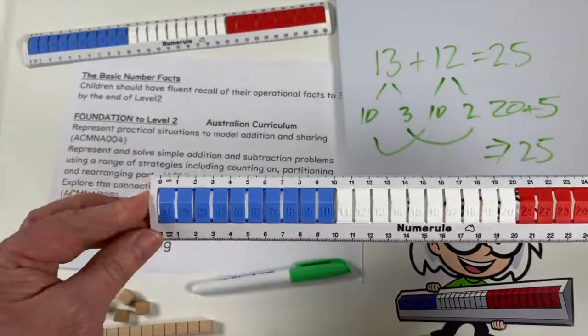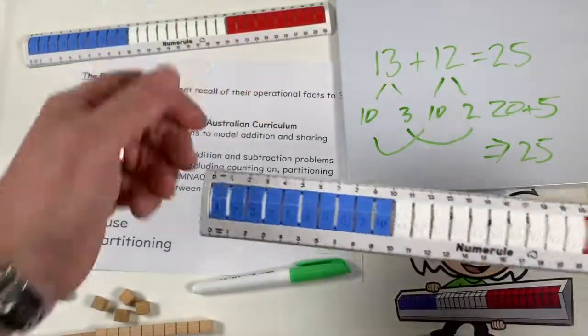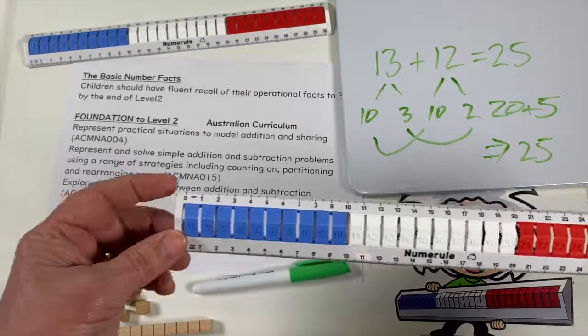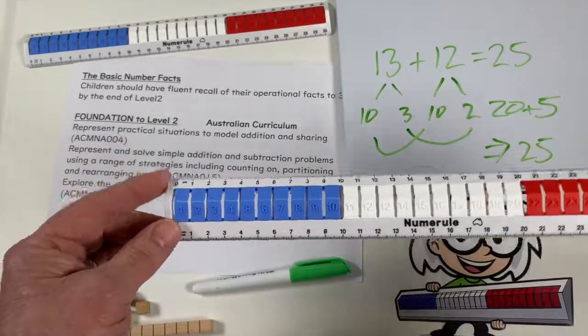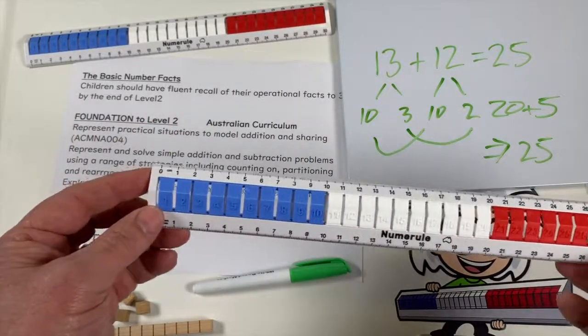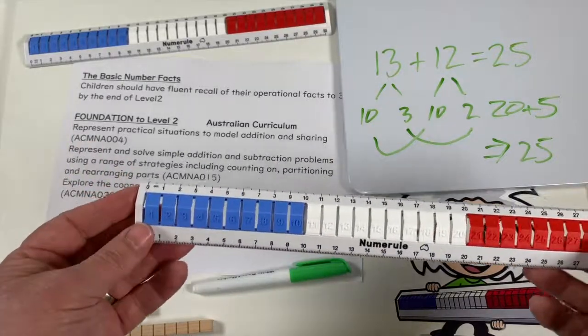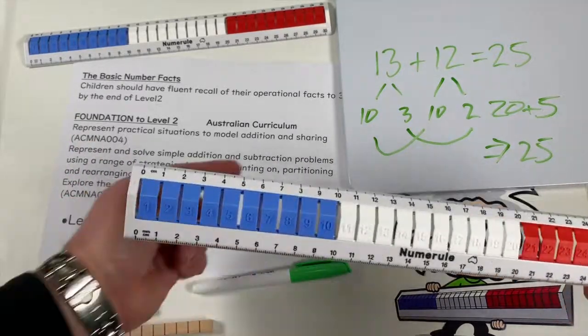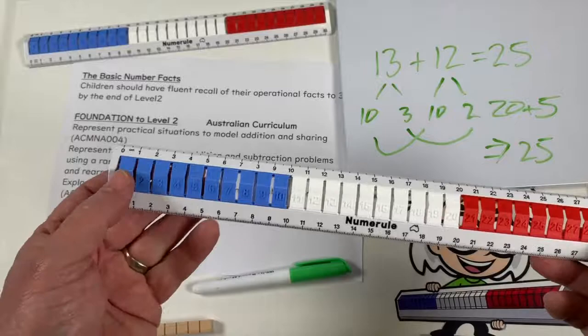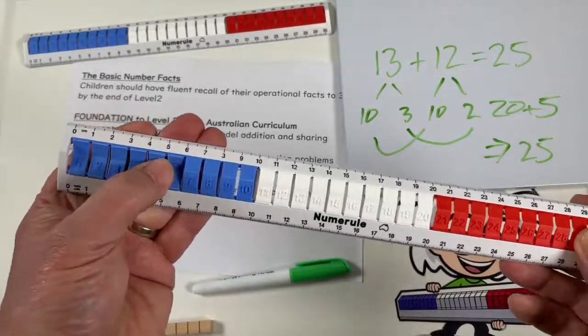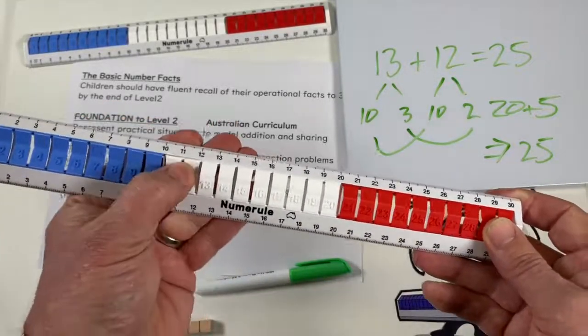So let's do this on the numeral. You might want to write it down like this, and I would have a worksheet showing them the types of things that I'm expecting them to do. So let's think about how many tens we've got. Well, we've got 2 tens, so we've got 1 ten there, and then we've got another 10.